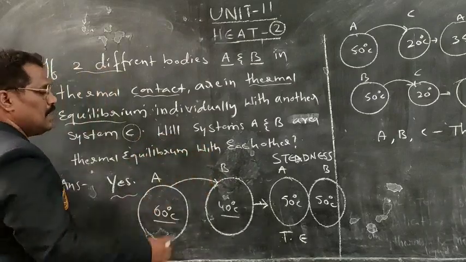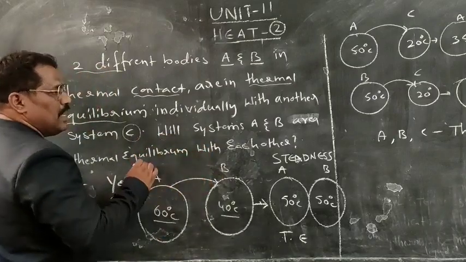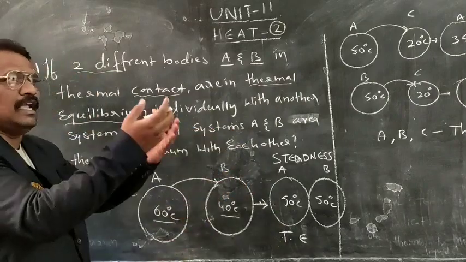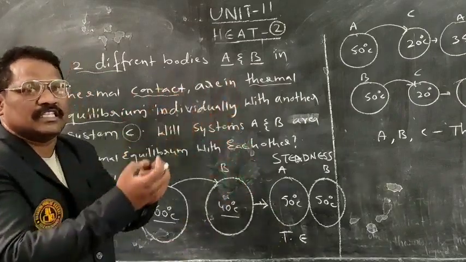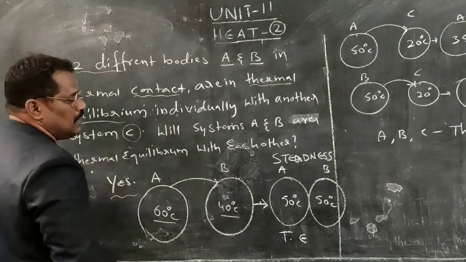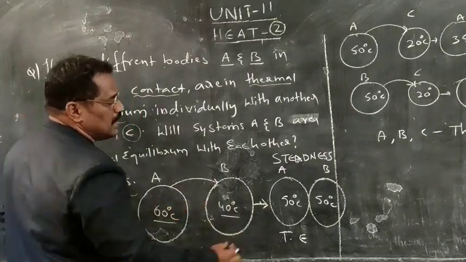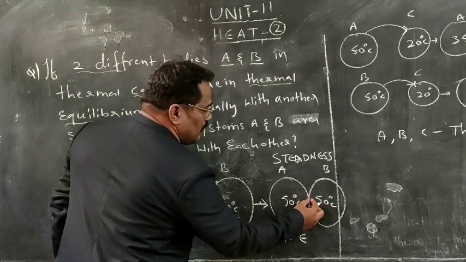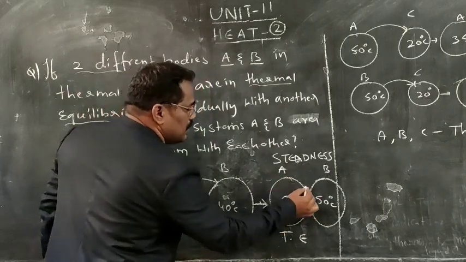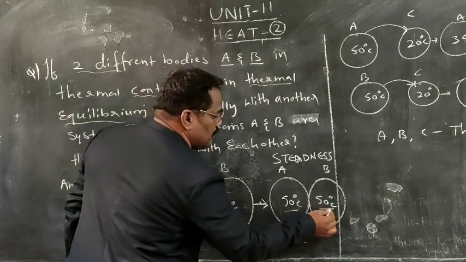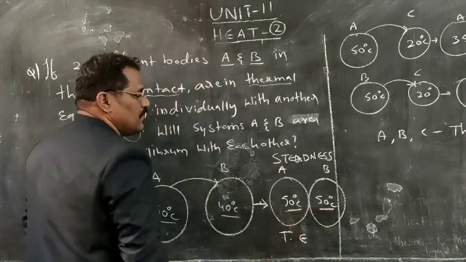Then what happened? Transmission of heat. One body receives heat, the other body gives up heat. Due to that, after some time interval, these two bodies, as they are in thermal contact, will remain at a constant 50 degrees and 50 degrees.